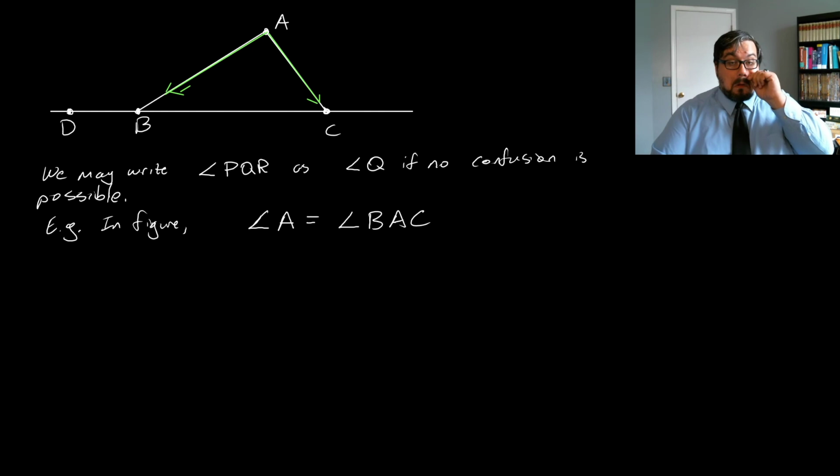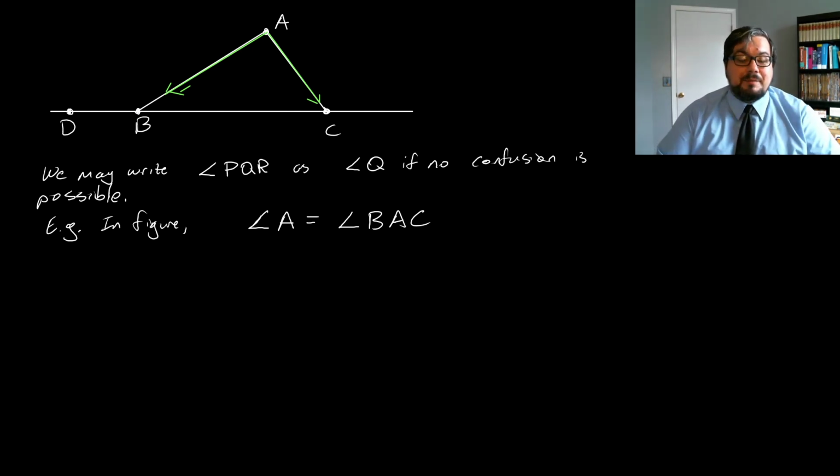That's fine. We can do that because there's only one angle that could be described using the points and segments that we've noted at A.